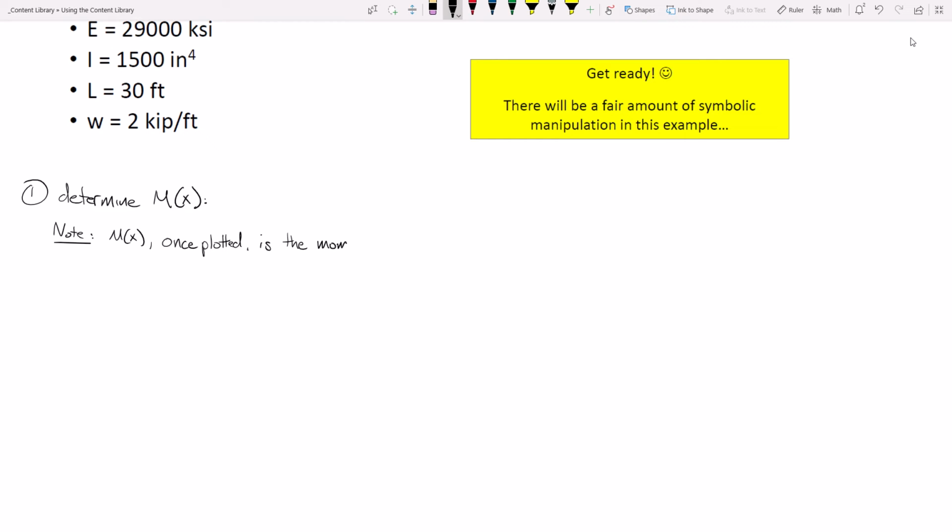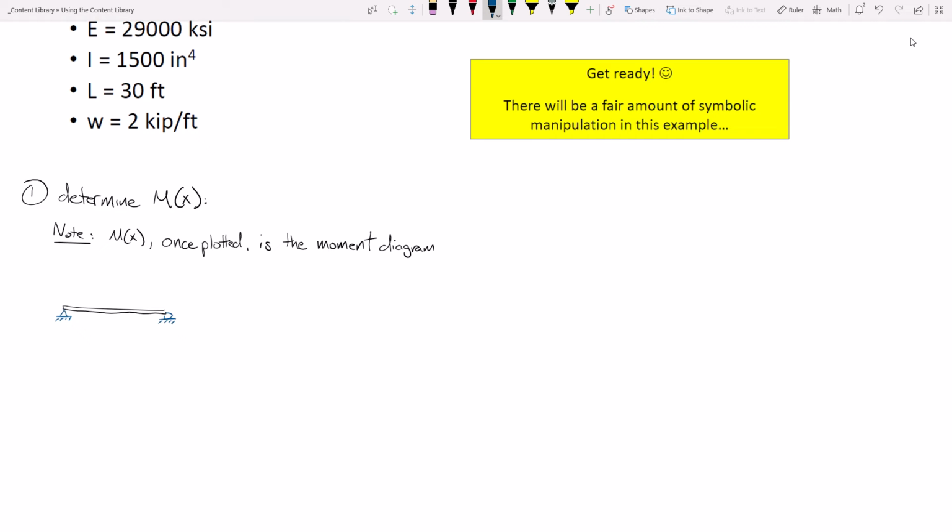It's the moment diagram. That's what M is. It's the moment diagram. So let's conceptualize. What is the moment diagram going to look like for this problem? I already heard somebody say the magic word, but let's follow it out.